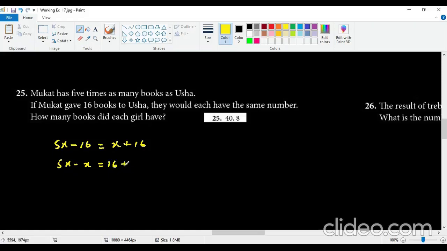So this is going to give us 4x equals 32. So x will be equal to 8, because 32 divided by 4 is going to give us 8. And since Mukut has 5 times, 8 times 5 is going to give us a 40. This is the answer.